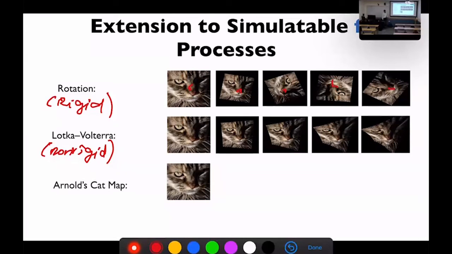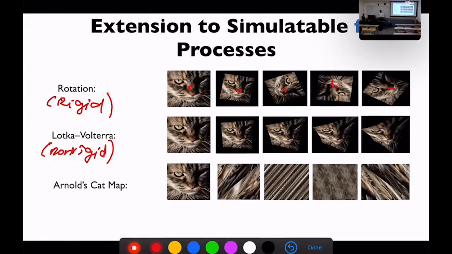There's also the extreme one, the cat map, which basically rearranges the entirety of the pixels, and it's periodic. So you keep doing the same rearrangement. I think if you do this 100 or 150 times, you will get back the same image.